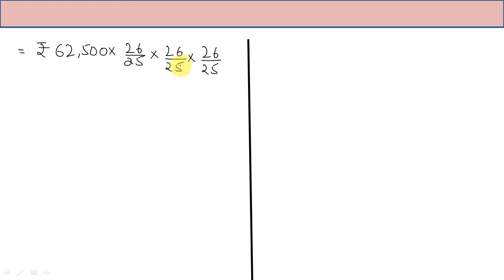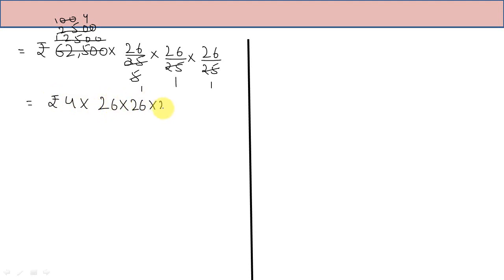So now let's cancel 62,500 with 25. 5 5s are 25, 5 1s are 5, 5 2s are 10, 5 5s are 25 with 00. 25 ones are 25, 25 hundreds are 2500. Now 25 1, 25 4. So what are we left with? Rupees 4 into 26 into 26 into 26.